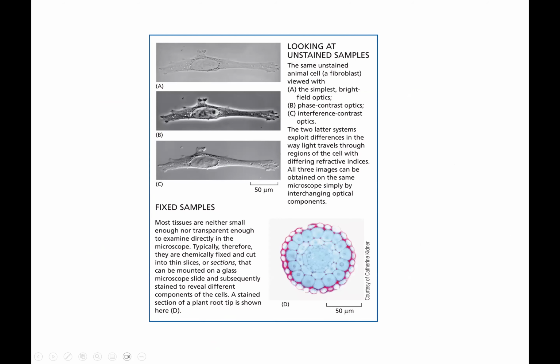You don't have to distinguish the type of light microscopy. You can see they're all in gray when it's live. Again, fixed samples down here show that they're usually stained so that you can see the details better. You can distinguish different cells. And this slide is a great reference slide for you.